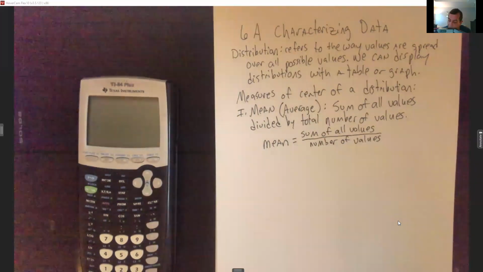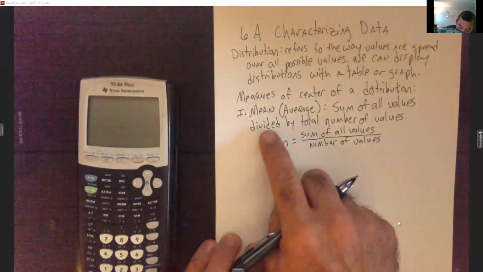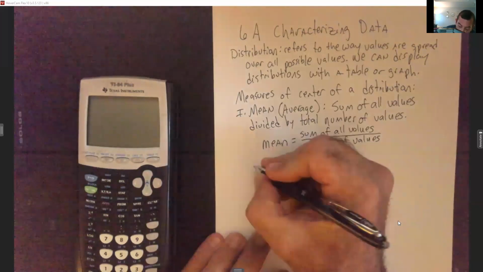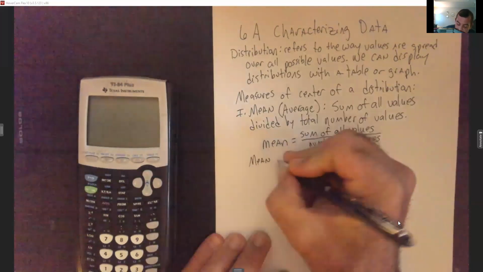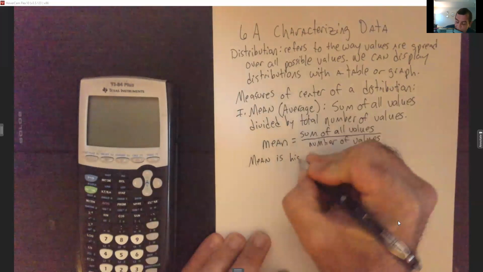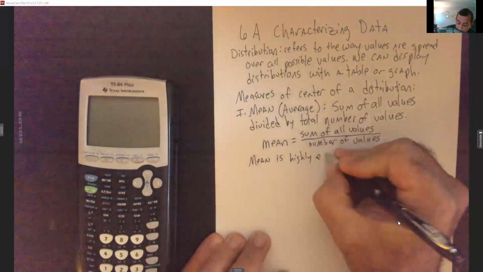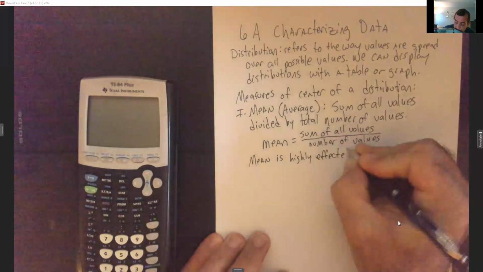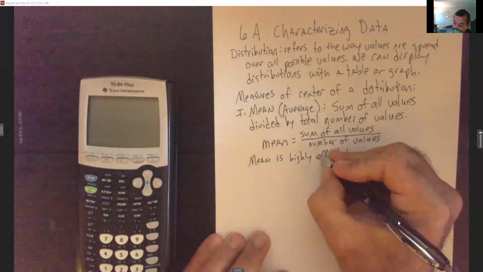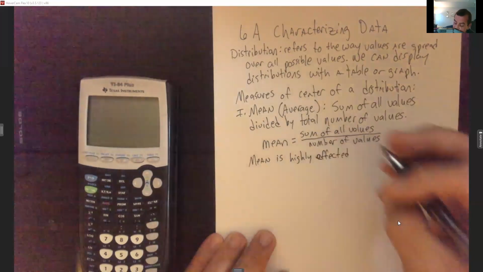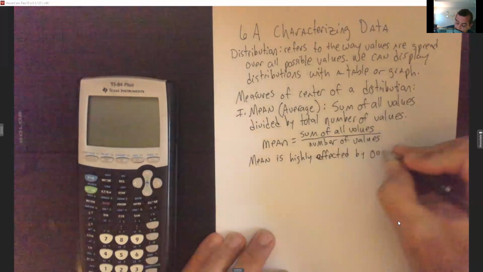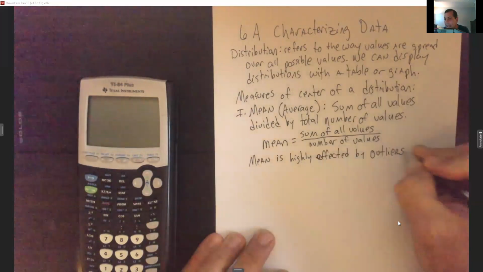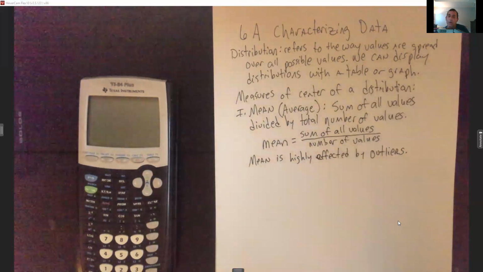Now, another thing about our mean is that the mean is highly affected by what we call outliers. And an outlier is like a score that don't seem like all the other scores.